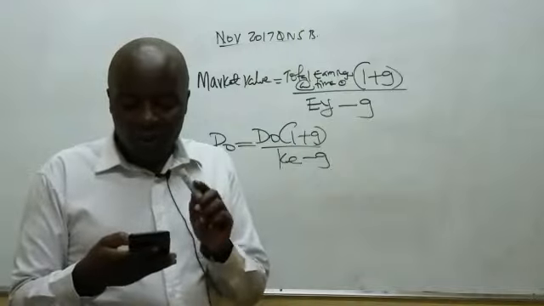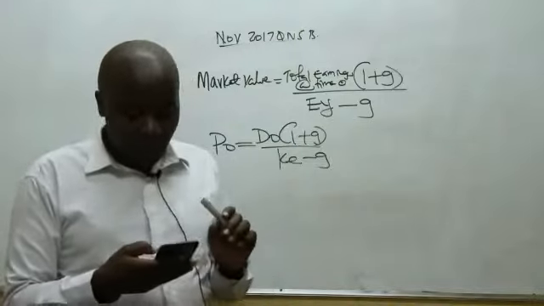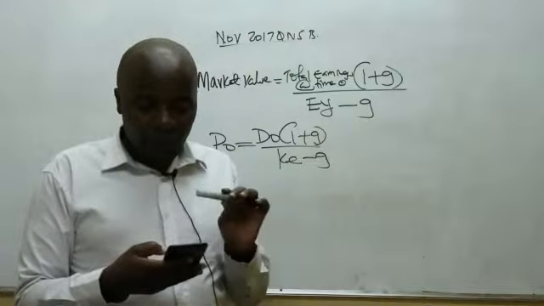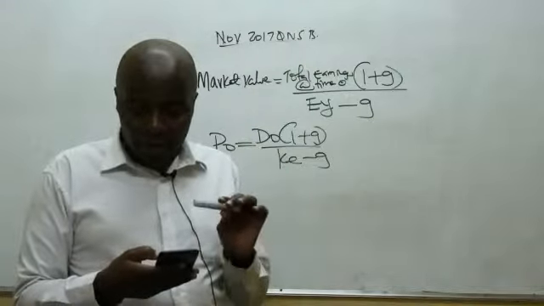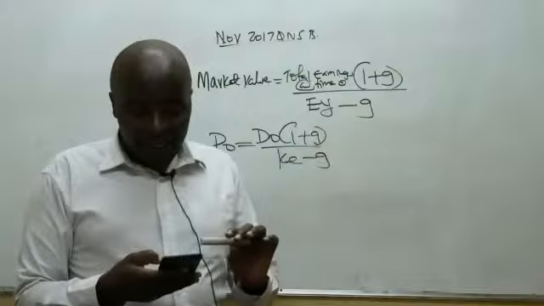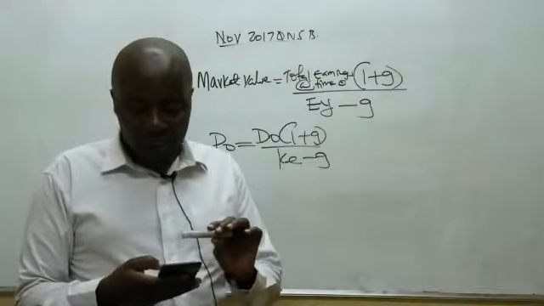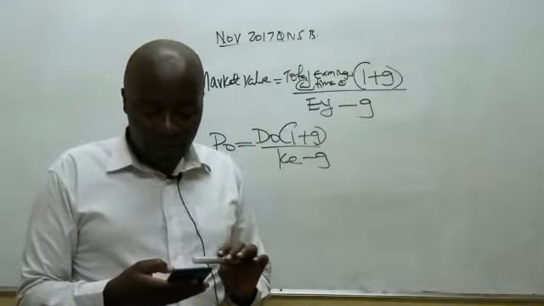On reading this particular question, November 2017, question number 5B, Day Limited has provided the following financial year results. I can see the years 2014 to 2017. I can see the profit after tax being given, and then I can see the earnings yield.